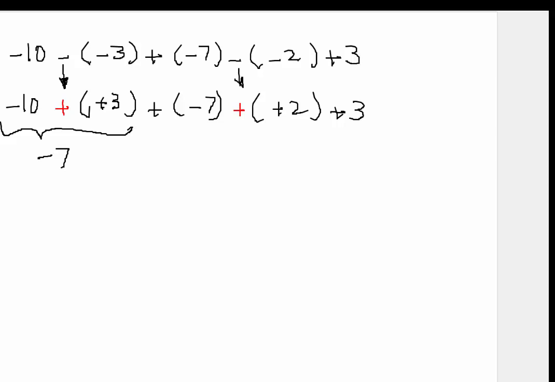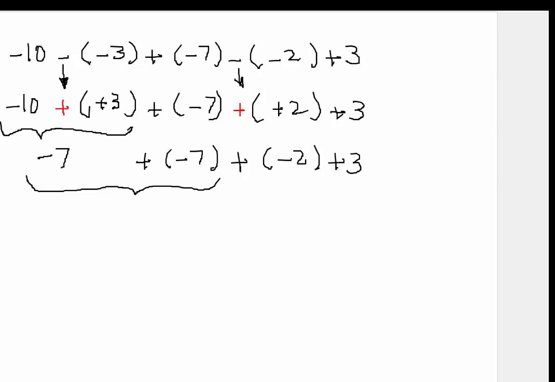All right, so I'll move on. You can do this two at a time, this way, from left to right. Okay, Evelyn, here I have minus 7 plus minus 7. It's like if you owe $7 and then you owe another $7, how much money do you owe altogether?